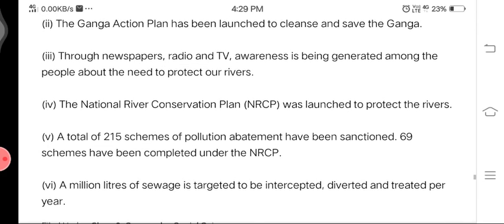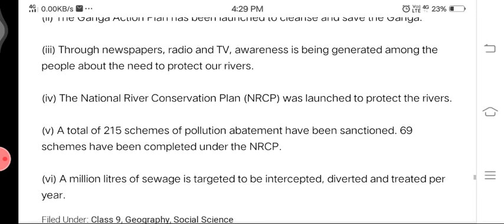The National River Conservation Plan (NRCP) was launched to protect the rivers. A total of 215 schemes of pollution abatement have been sanctioned.